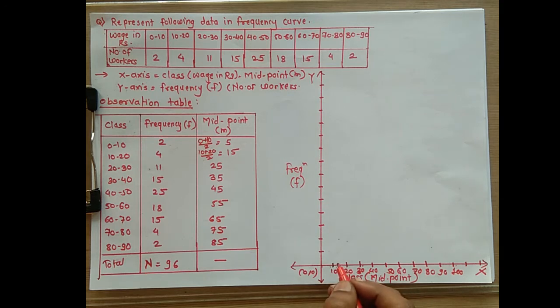We need the midpoint of class, therefore we mark here 5, here 15, here 25.